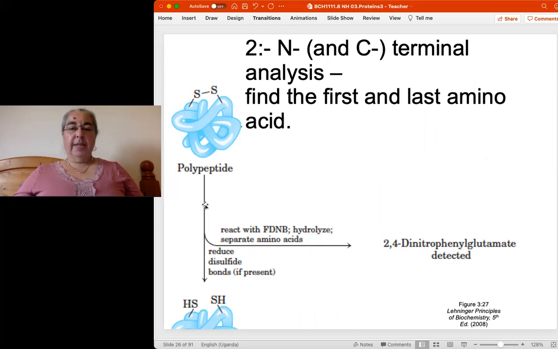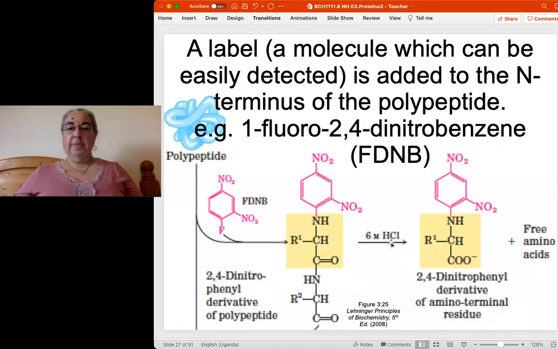This can be done by reacting with a label that binds to one end and then carrying out hydrolysis again. Then we will see the label, which is called FDNB, attached to the amino acid at the N-terminal end, but not to any of the other amino acids.